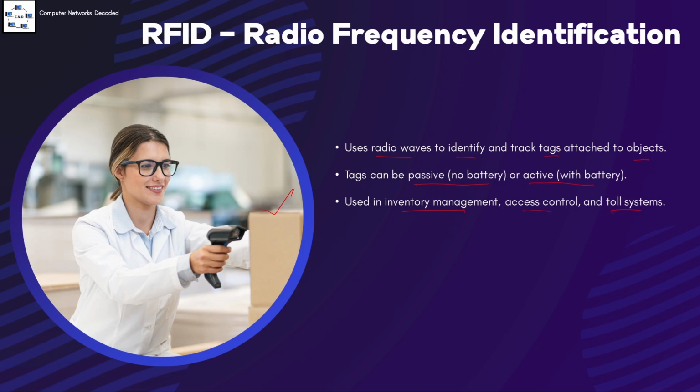Here we can see that this user is doing inventory management by scanning the RFID tag on this package. It also uses different frequency ranges with varying read ranges. Some have a small range, some may have longer distances for reading the tags.